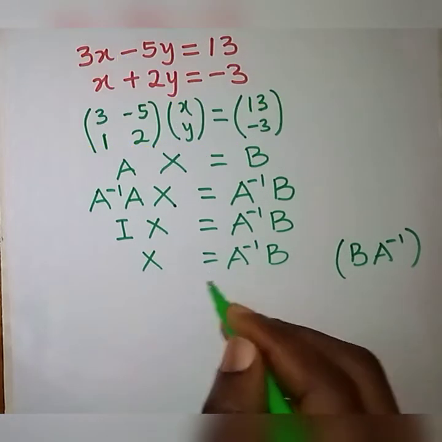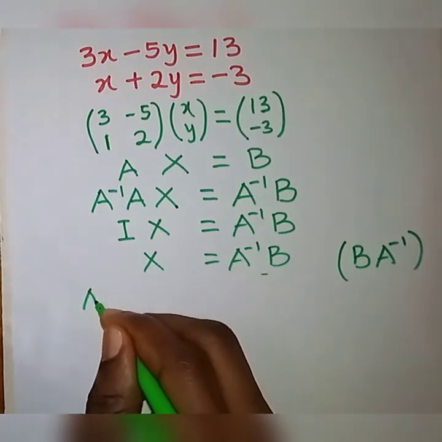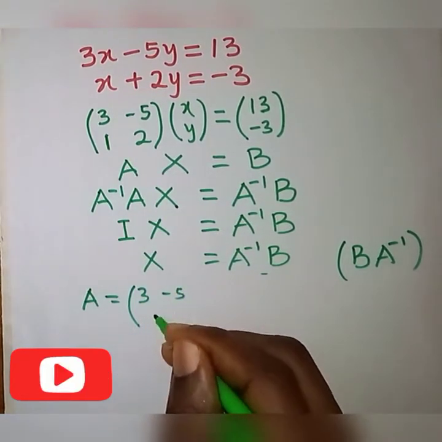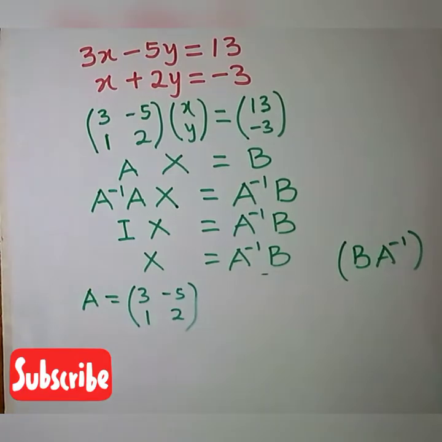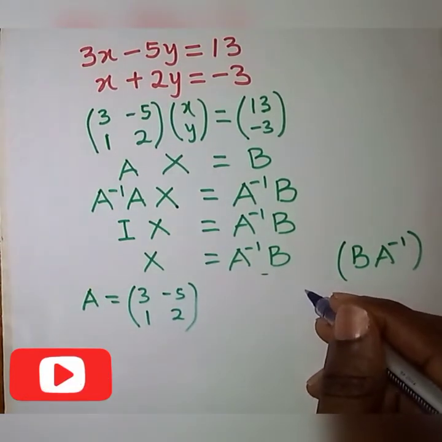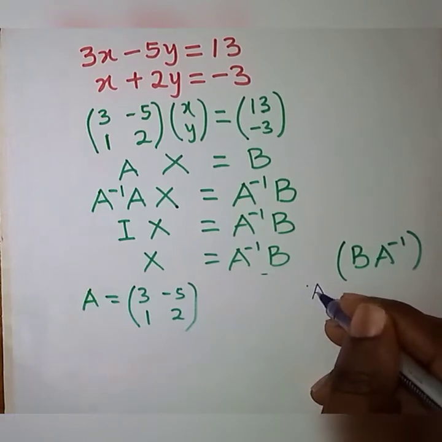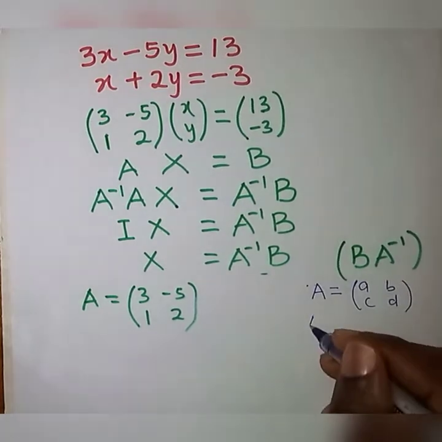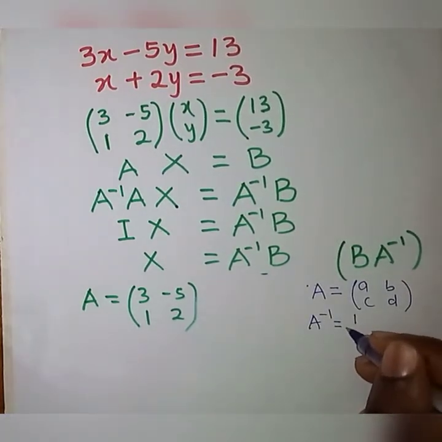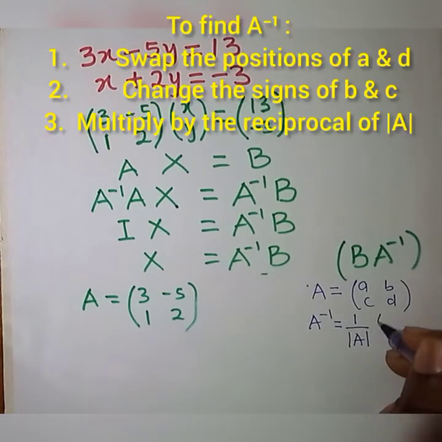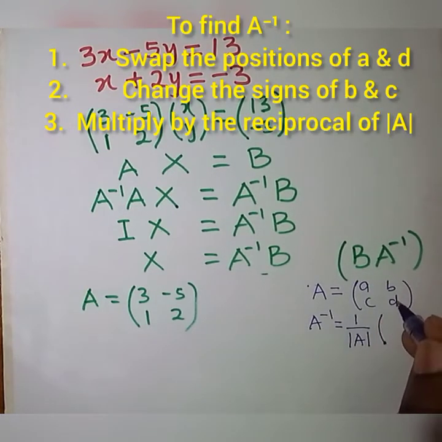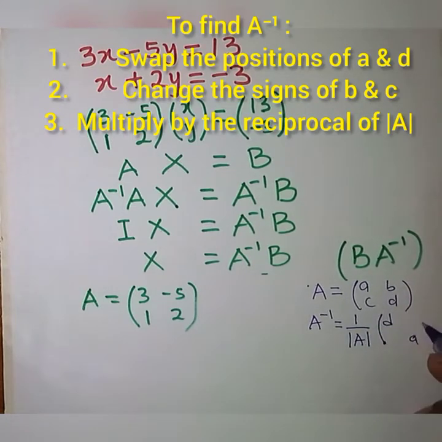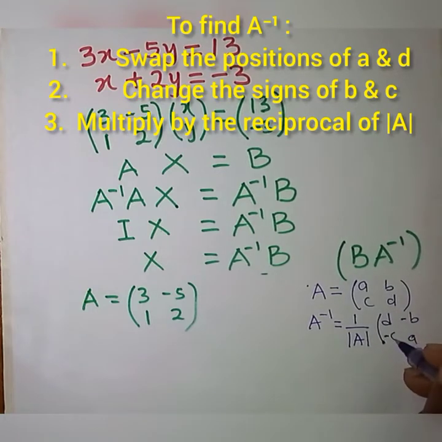So to solve this, we need to find A inverse. Well, remember that A is 3, minus 5, 1, 2. Now recall that to find the inverse of a 2 by 2 matrix, if A equals a, b, c, d, then A inverse will be equal to 1 over the determinant of A times, we interchange the positions of a and d, so we have d, a here, and we change the signs of b and c, minus b, minus c.